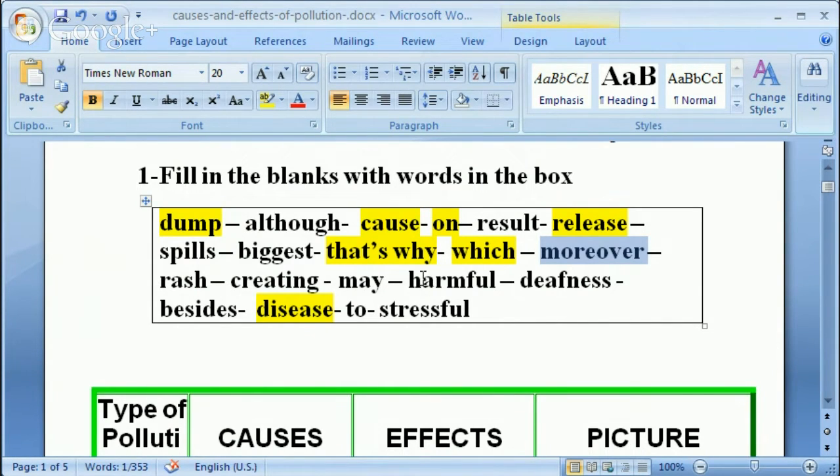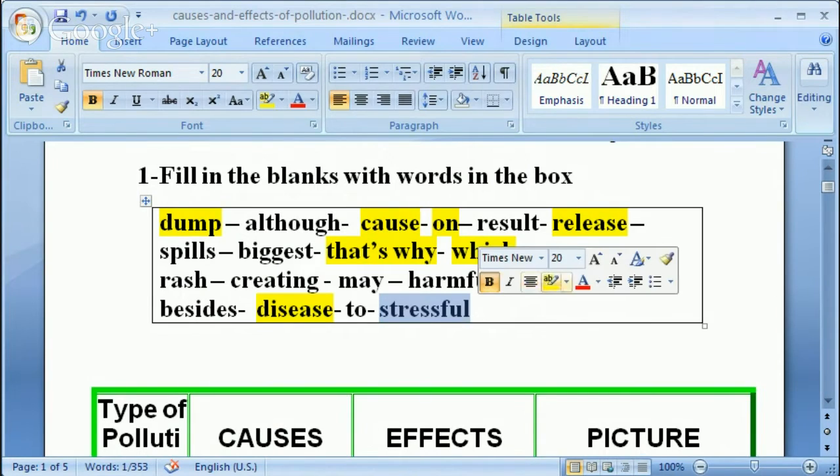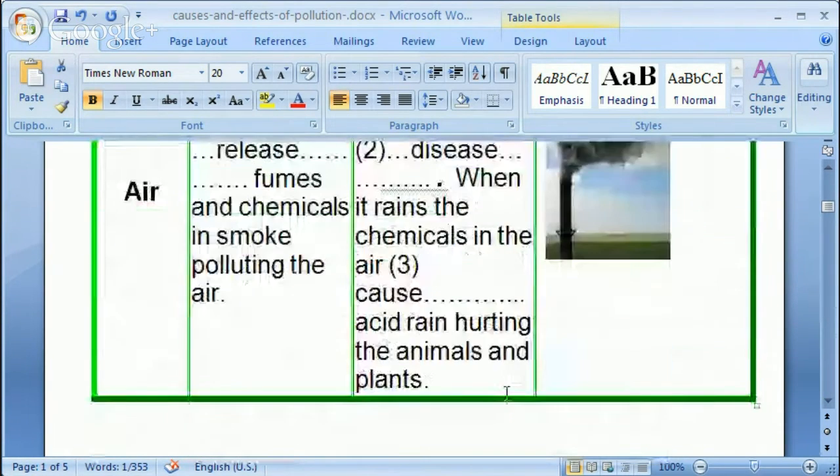May ships, no. Harmful ships, possibly there's an adjective. Deafness is a noun. Besides ships, I use this when I'm adding another point, possibly besides, but not logical, really. Two ships, stressful ships. No, I've never seen stressful ships, so that's not very likely to be an answer. Basically, the only thing that really works here is probably moreover.